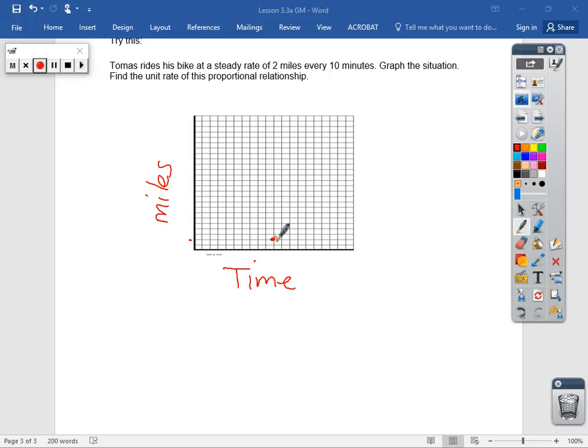There's the first one. So 1, 2, that's our first one. 3, 4. There we go.